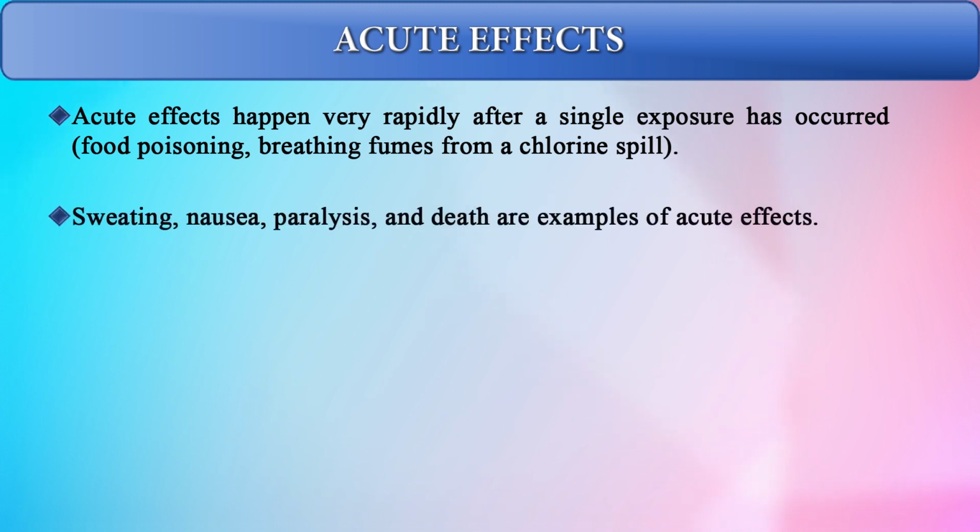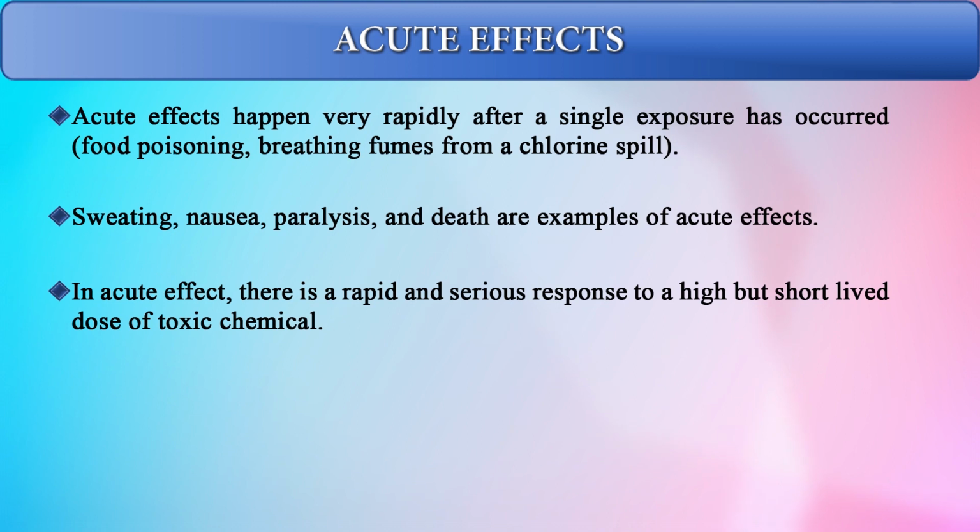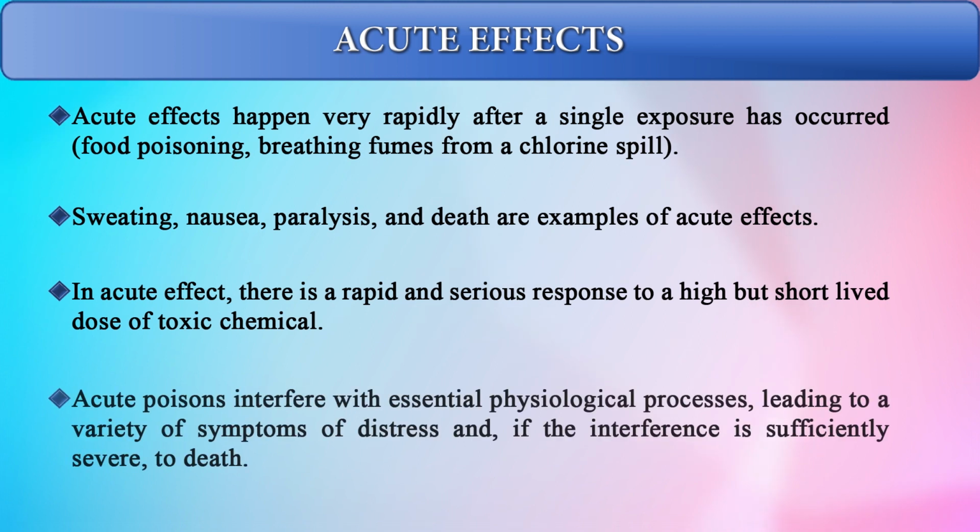Sweating, nausea, paralysis and death are examples of acute effects. In acute effect, there is a rapid and serious response to a high but short-lived dose of toxic chemicals. Acute poisons interfere with essential physiological processes, leading to a variety of symptoms of distress, and if interference is sufficiently severe, it leads to death.